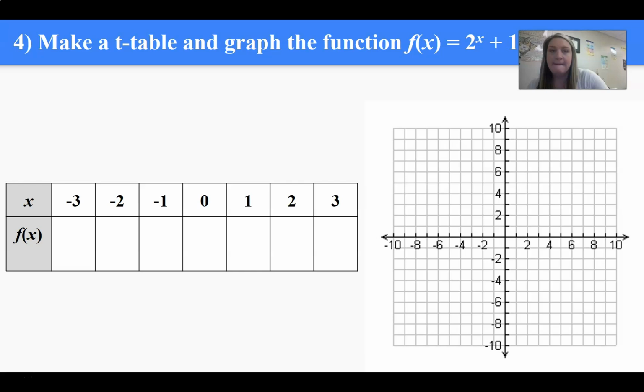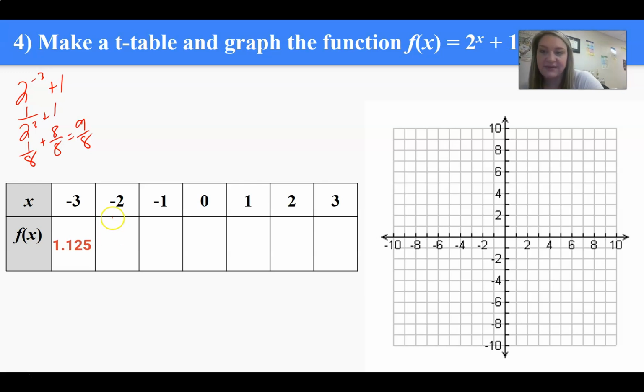Let's look. So we have 2 to the negative 3 power, and then we have plus 1. So 2 to the negative 3 power, that's 1/2 cubed. That's 1/8. I'm going to change 1 to 8/8. That becomes 9/8, which is 1.125. All right, do it again for negative 2.